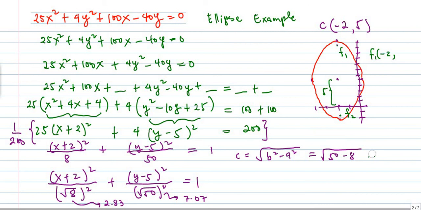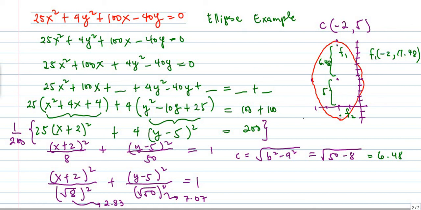This is equivalent to 6.48. Ibig sabihin, 6 plus 5, that is 11. 11.48. Okay? 6 plus 5 equals 11.48.